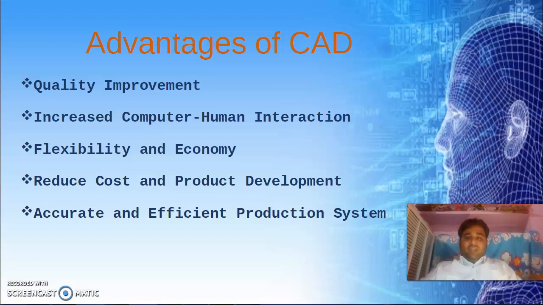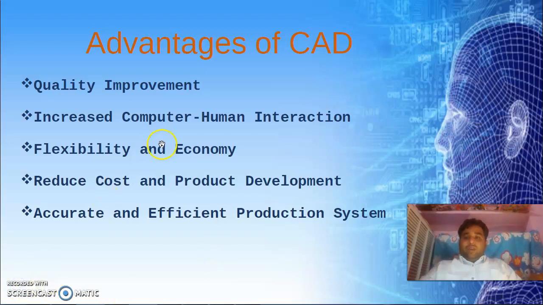Flexibility and economy: yes, it is very flexible, as you can use one CAD system for various applications. It reduces cost in product development, it functions accurately, and it improves the efficiency of any production system, because if errors are reduced at the design stage, the production stage will be very efficient, and we will get only a finished and good product.